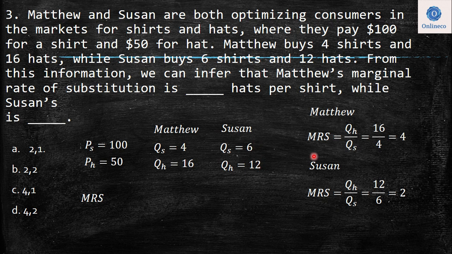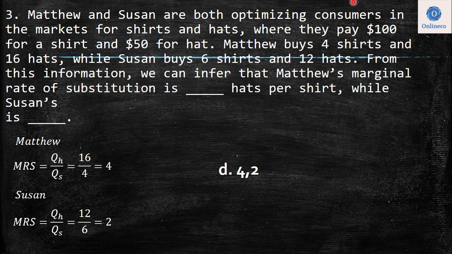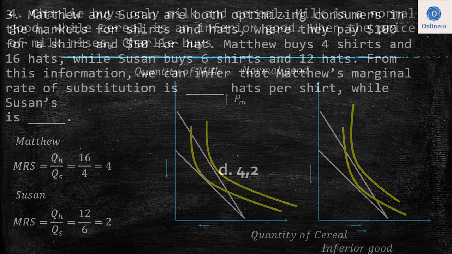So naturally, the relationship between them should be smaller, 12 over 6. So Susan is able to exchange 2 hats for one shirt. So at the end of the day we have 4 and 2. Then this should be the answer.